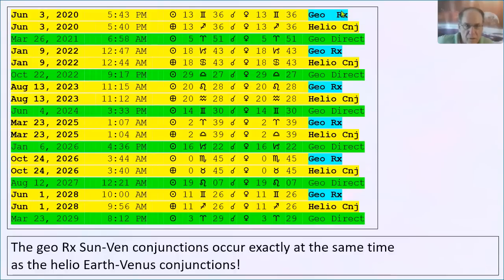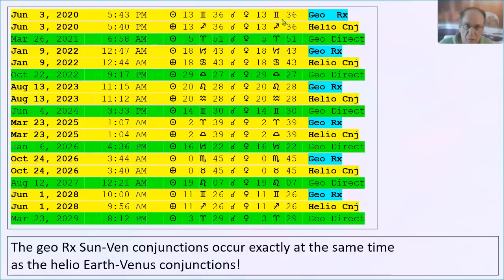And what do you notice? One thing you'll notice is that there are twice as many geocentric conjunctions as helio. We have geo, helio, geo, geo, helio, geo, geo, helio, geo, geo, helio, geo. So there are 10 geocentric conjunctions and 5 heliocentric conjunctions.